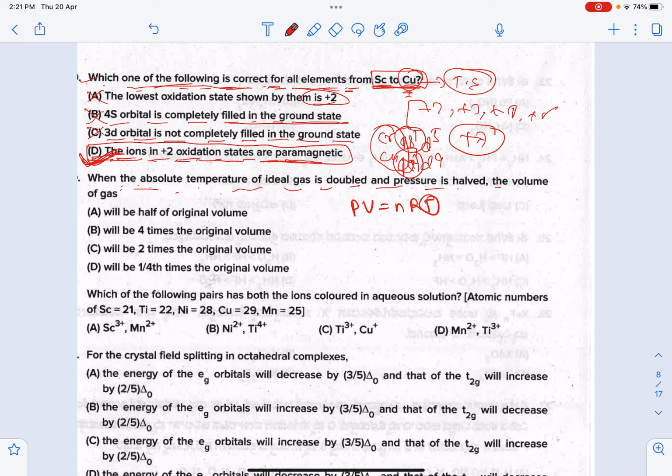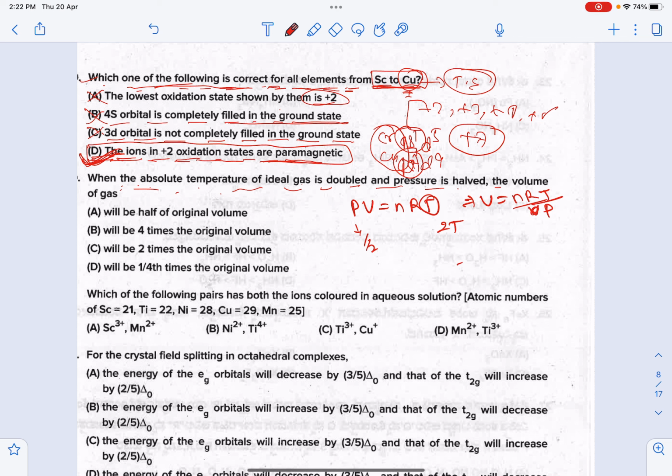When we double the temperature and make the pressure half, what will be the effect on the volume of the gas? From this equation you can see that V equals nRT divided by P.